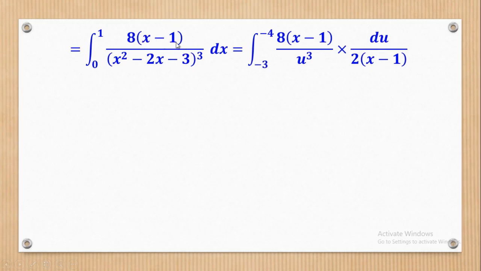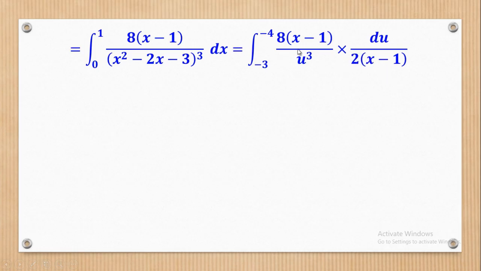This one, I'll first leave it because in my dx I also have x minus 1, so I realize that it will easily cancel out. But for the one down, the whole of this in bracket is u, so it is u raised to the power 3. Then my dx was equal to du over 2(x minus 1).